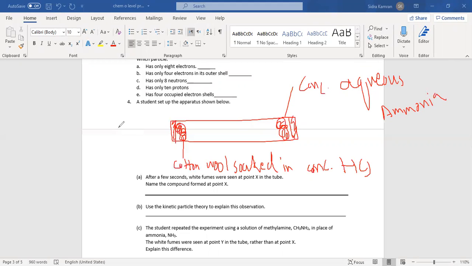Okay, here the 2 points observed are X and Y. We are going to answer questions related to this apparatus. Let's see.